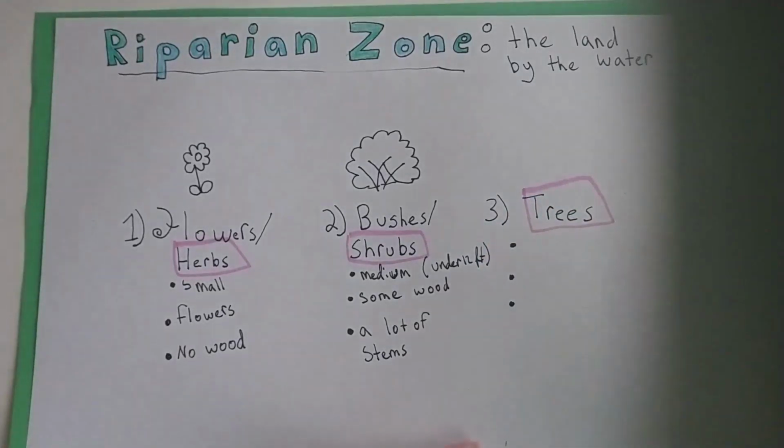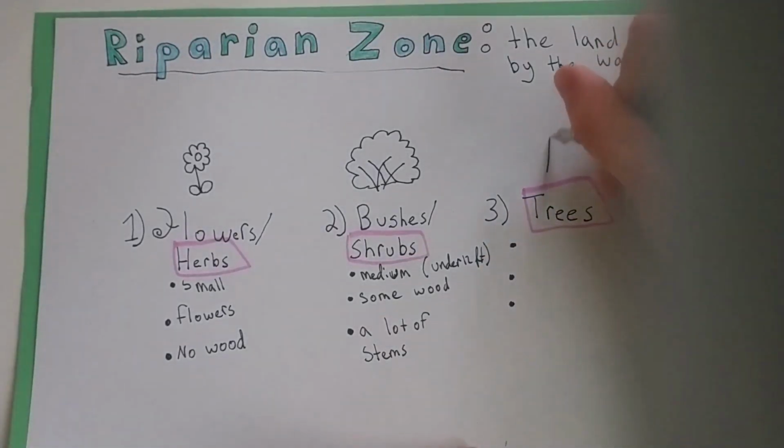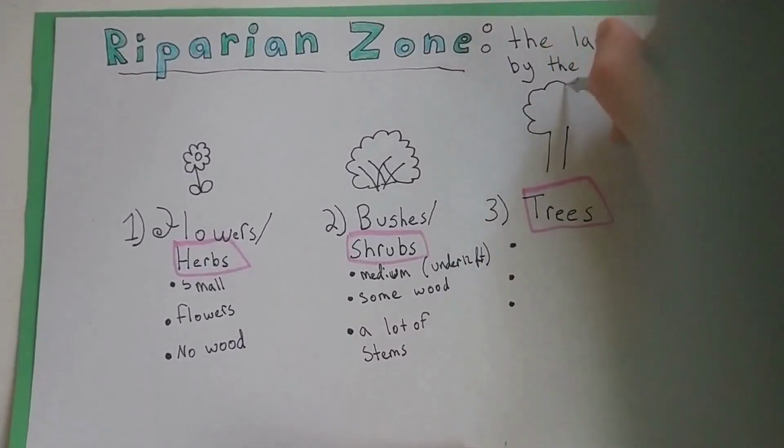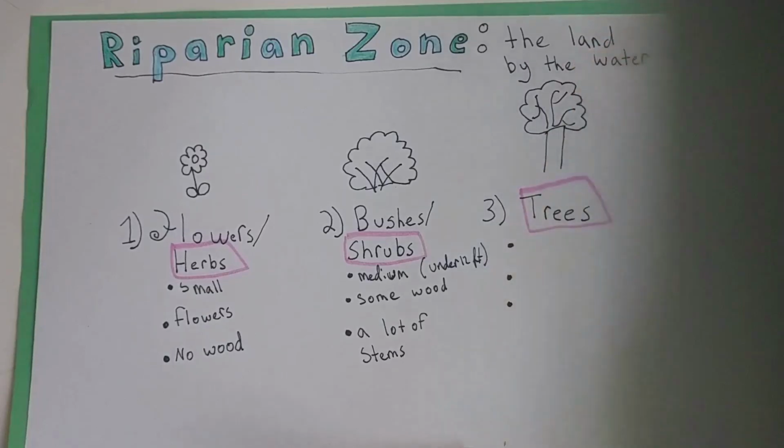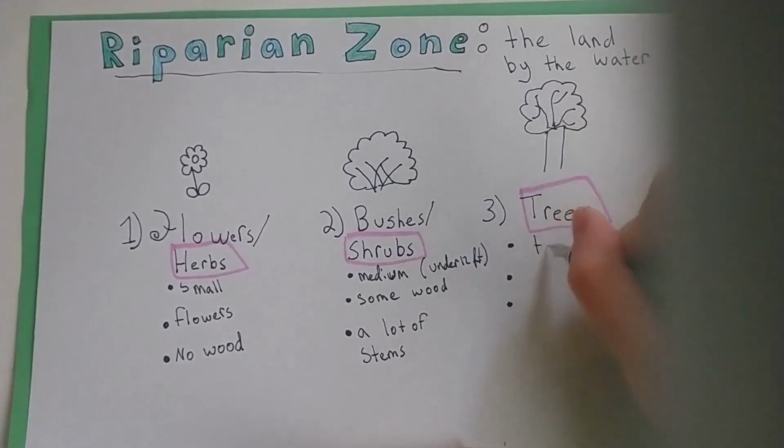Trees, on the other hand, are trees really small, or are they really big? I guess it kind of depends on the tree, too. So here's my tree. Draw little branches for your tree. But one of the things that we notice is that they're super tall. They're very woody. There's a lot of wood from trees.